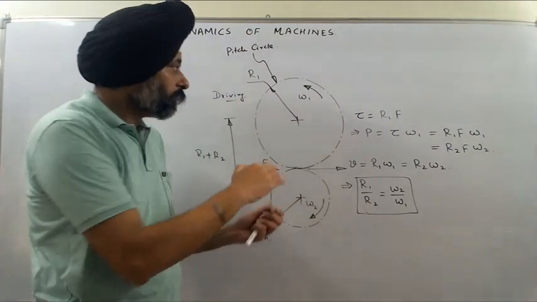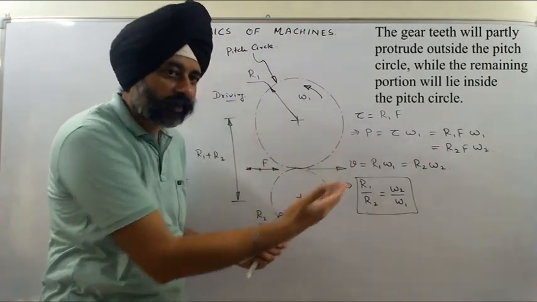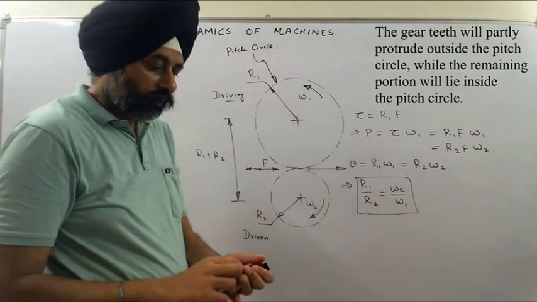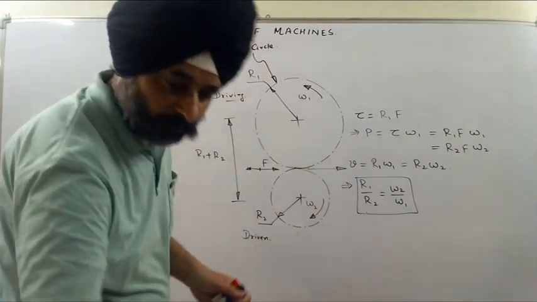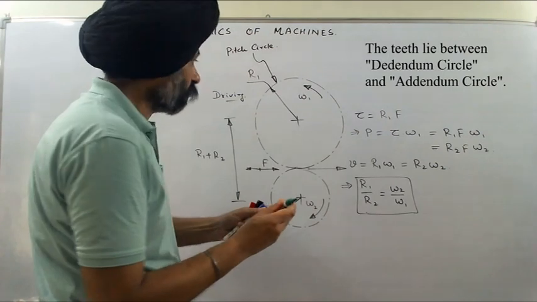Now the teeth will be cut, maybe they protrude outside the pitch circle as well as dig into the pitch circle. So the teeth will be lying between the two limits. We term them the dedendum circle and the addendum circle.